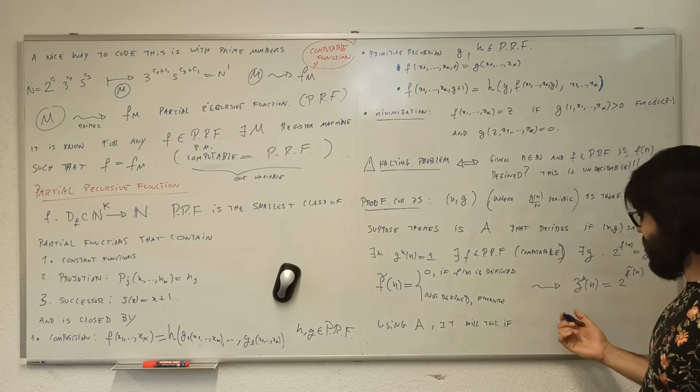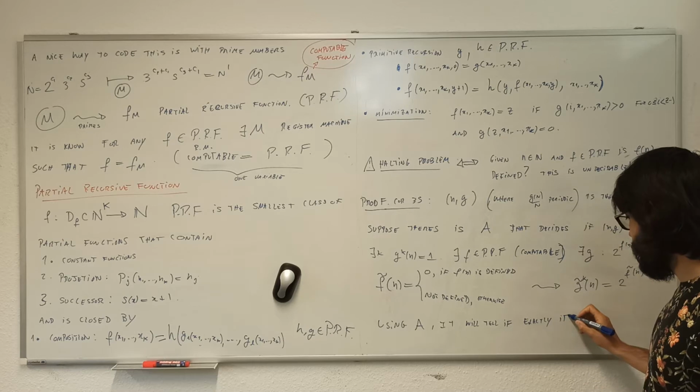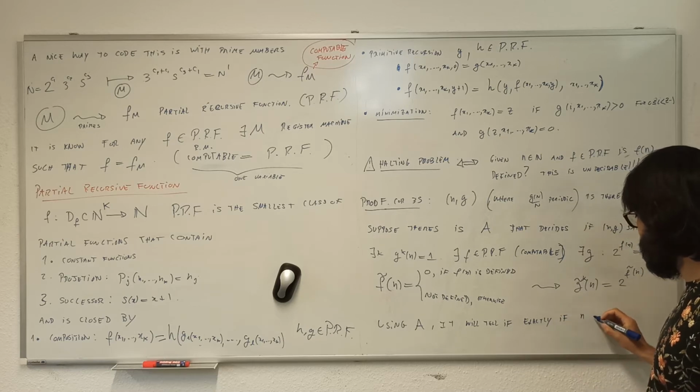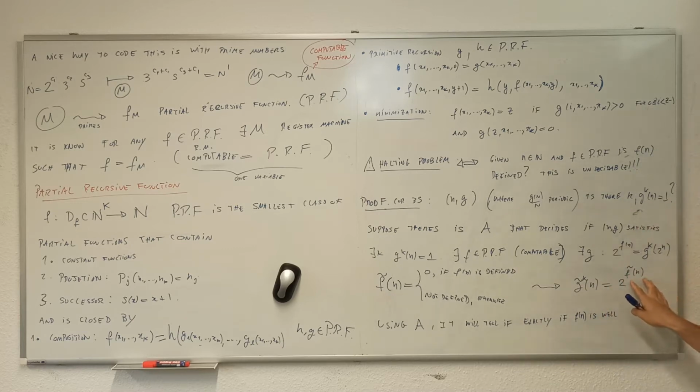So it will tell exactly if f(n) is well defined, because f(n) is well defined exactly when f tilde of n is well defined and is 0.